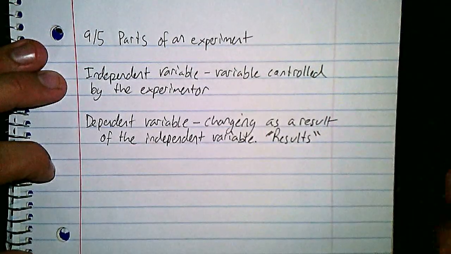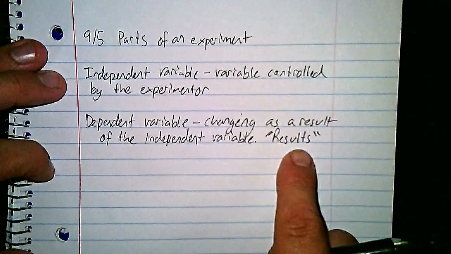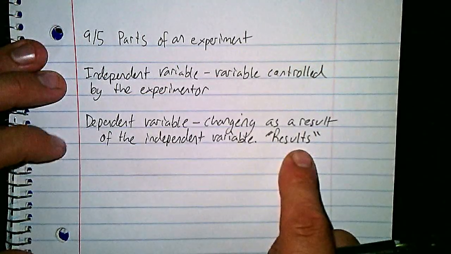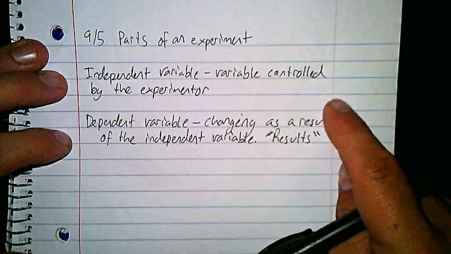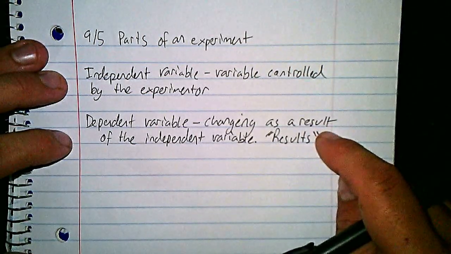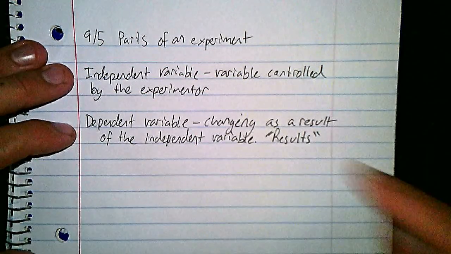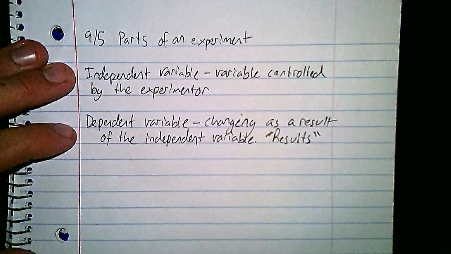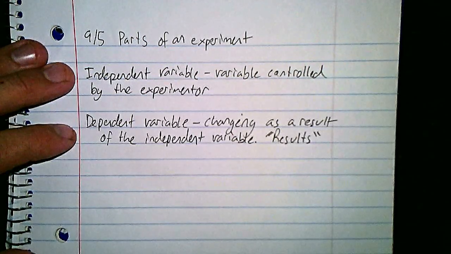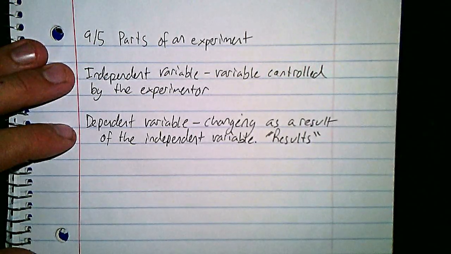So in a lab, when you collect data, you're collecting data on our dependent variable. So I, the experimenter, change something, and I see a change happen as a result. So with our Dino Nug example, right, I give my son more Dino Nugs, and I notice that he has less temper tantrums, something like that.